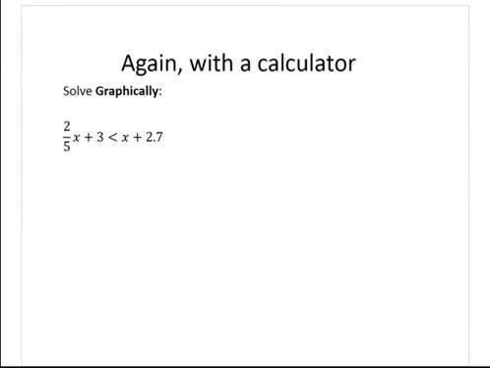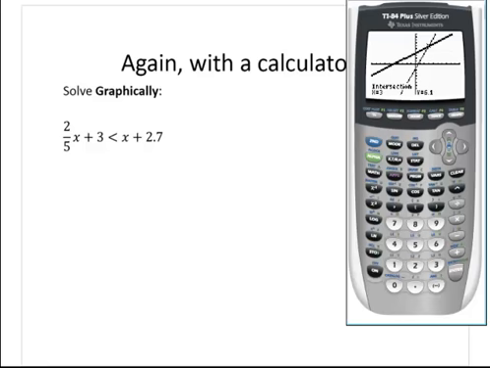Alright, another example using the calculator. Here we wish to solve the inequality 2/5 x plus 3 is less than x plus 2.7. Again, let me bring up my calculator and my y equals screen. Let me clear out the old stuff. My y1 will be the 2/5 x plus 3.